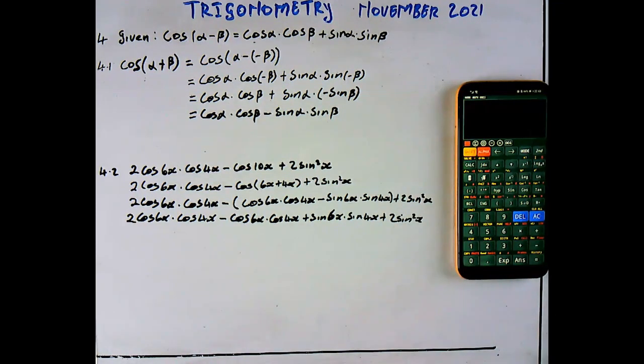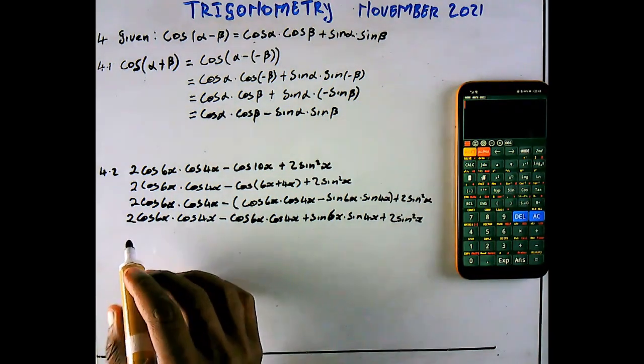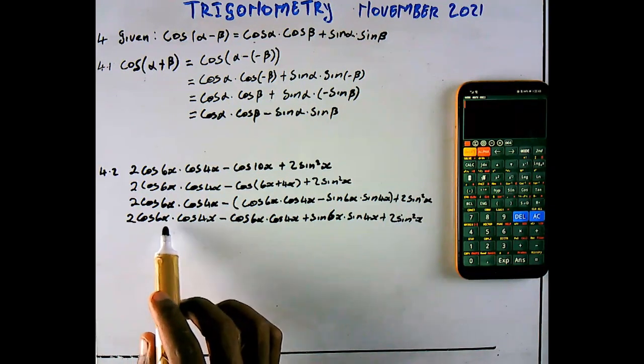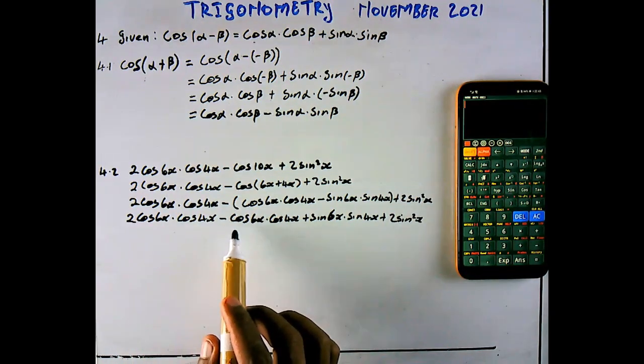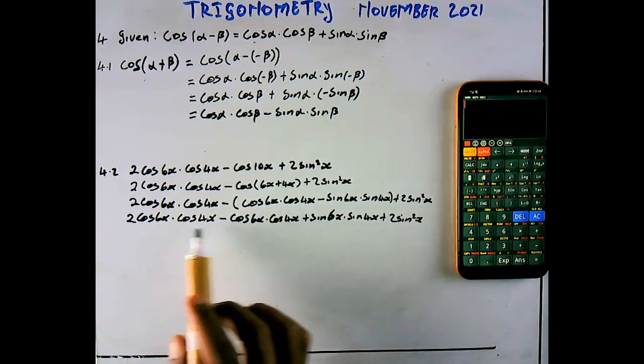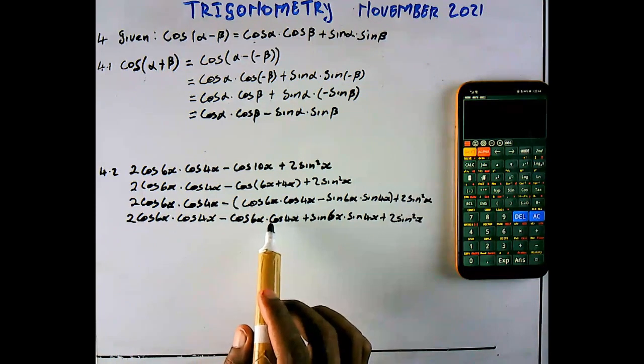Here we've got 2 cos 6x times cos 4x, and here we've got cos 6x times cos 4x. This one and this one are like terms, so we can subtract this one from this one.